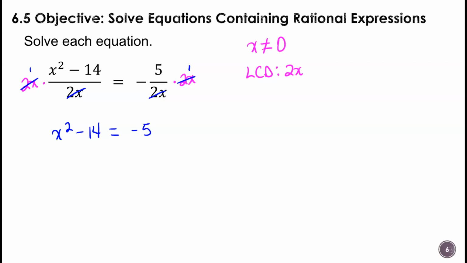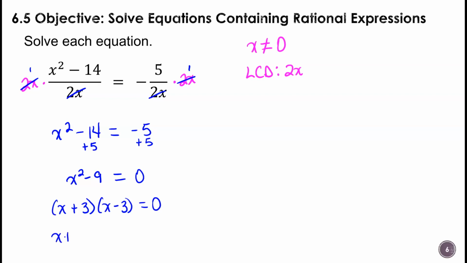Now to solve this, this is quadratic. So that means that we have to get it set equal to 0. So we're going to add 5 on both sides. X squared minus 9 equals 0. And then we're going to factor to solve, right? So this is the difference of squares, which is x plus 3 times x minus 3.